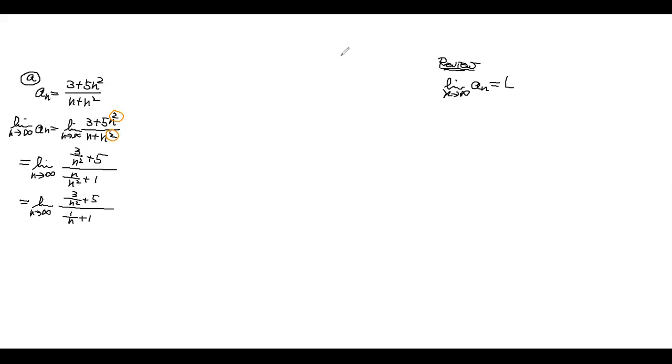When you let n approach infinity, this term 1/n goes to 0, and this term 3/n^2 also goes to 0. So the whole thing approaches 5 as n approaches infinity.